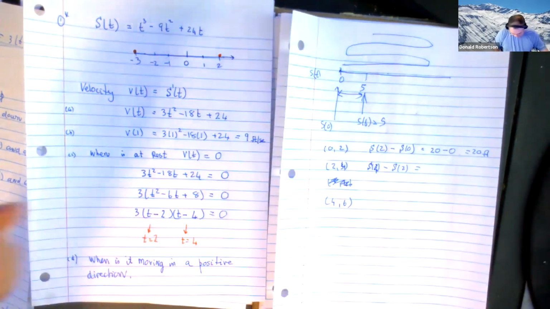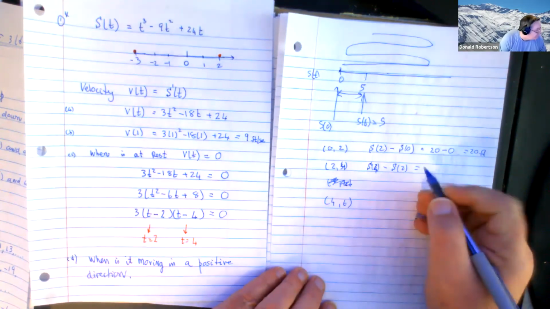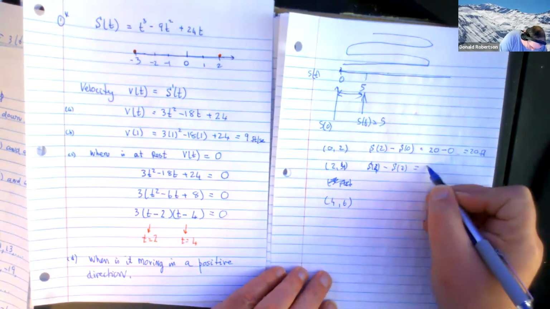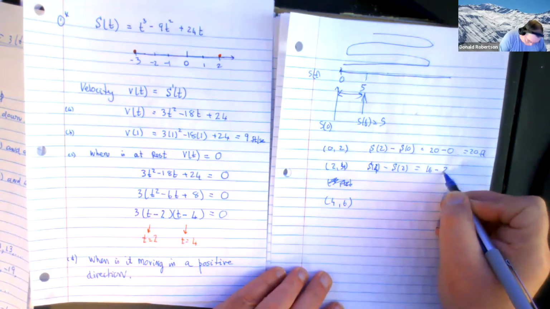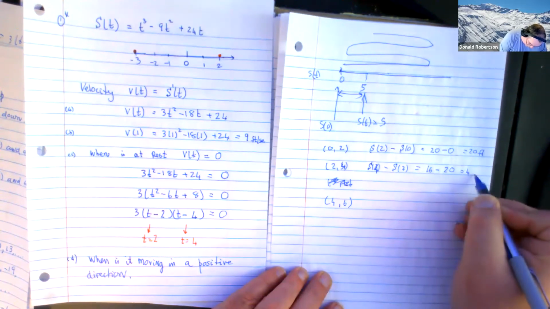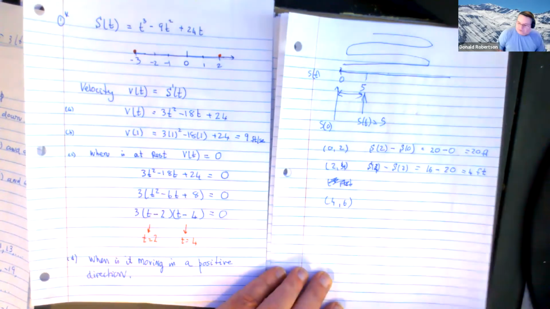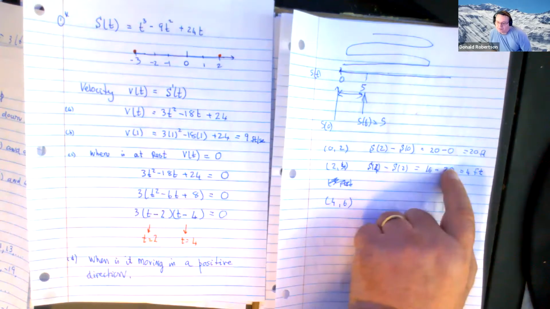It only had 3 journeys, 0 to 2, 2 to 4, 4 to 6. Right, so position at 4, take away position at 2, and this guy is 16, this guy is 20. I know that number is -4, but we are only interested in distance. So you traveled 4 feet, right? So think of absolute value.